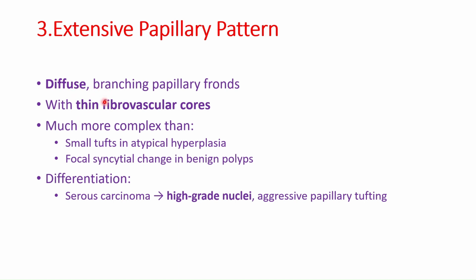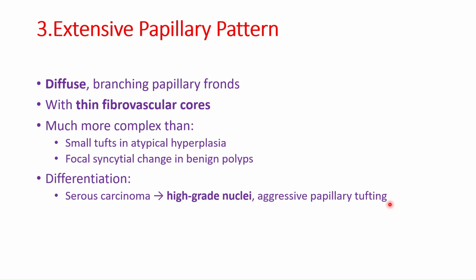Here there is extensive papillary pattern, so branching papillary fronts, and with true papillary architecture means thin fibrovascular core is present. Serous carcinoma is also having this papillary pattern, but here there is high grade nuclei which is having aggressive papillary tufting.